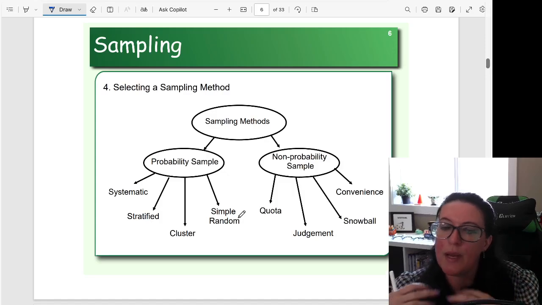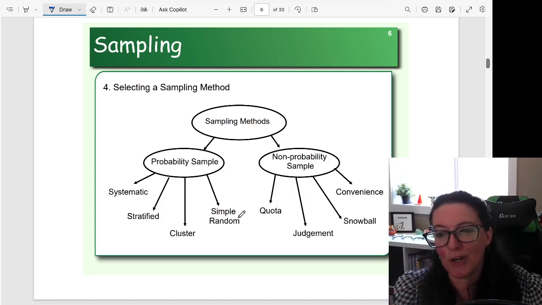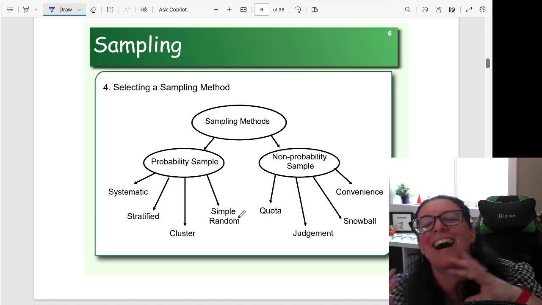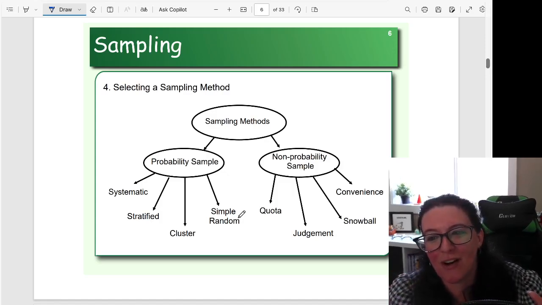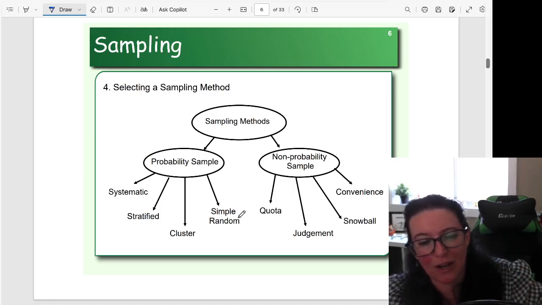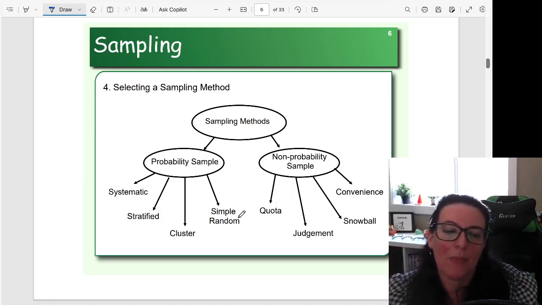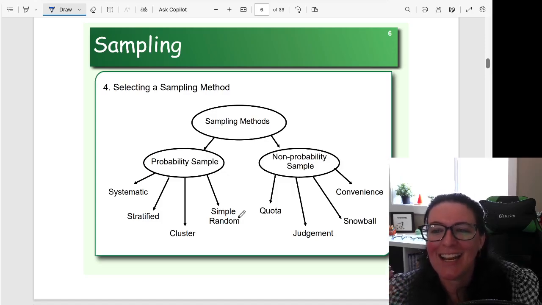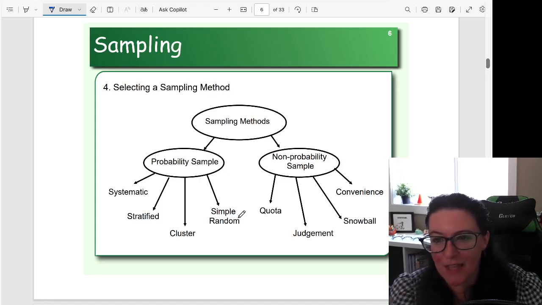Or a list of employees, or you have the phone book. How do you decide which of those individuals get contacted? We talked about the phone book. You could contact every 10th person. That is a decision that is choosing a sampling method. So in our next video, we are going to look at the different types of sampling methods.